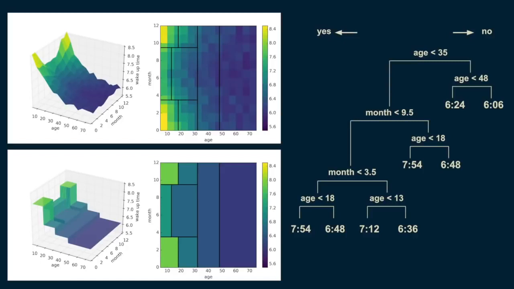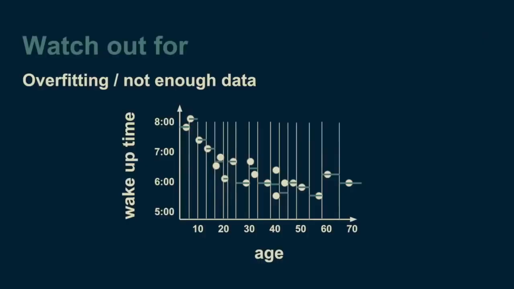The power of decision trees is not without pitfalls. An important one to watch out for is overfitting. Returning to our example of a single variable regression tree, age versus wake-up time, imagine that we continued to make cuts on the age axis until there were only 1 or 2 data points in each bucket.